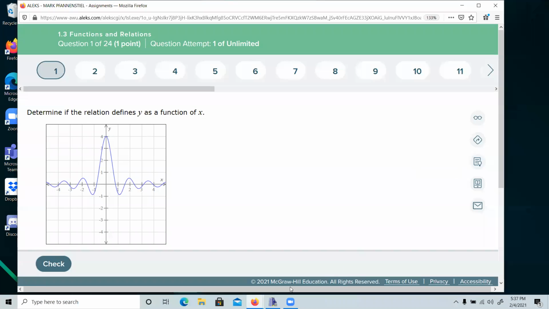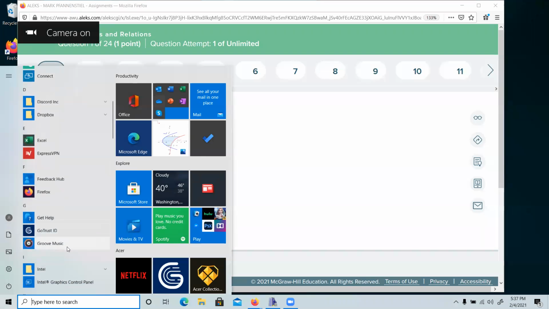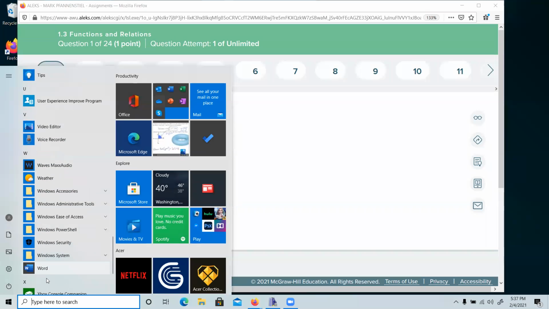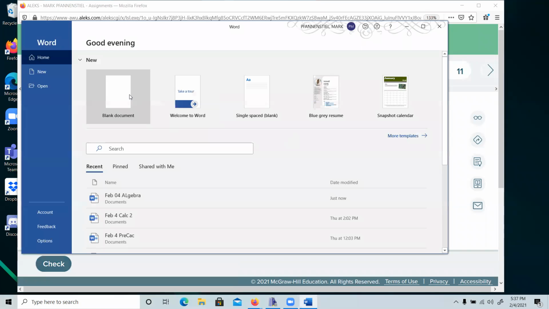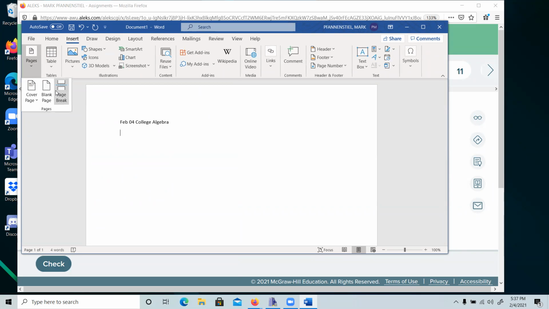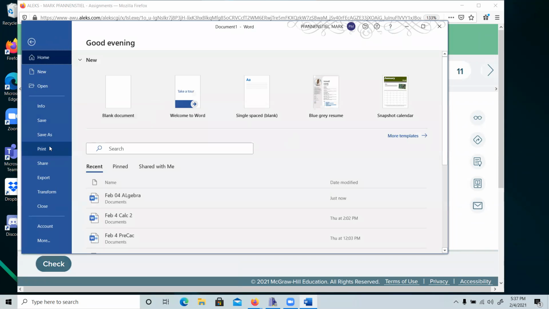Oops, I don't want to put one. All right, well, let's do this. I don't know what happened to my little sheet here. File, save.